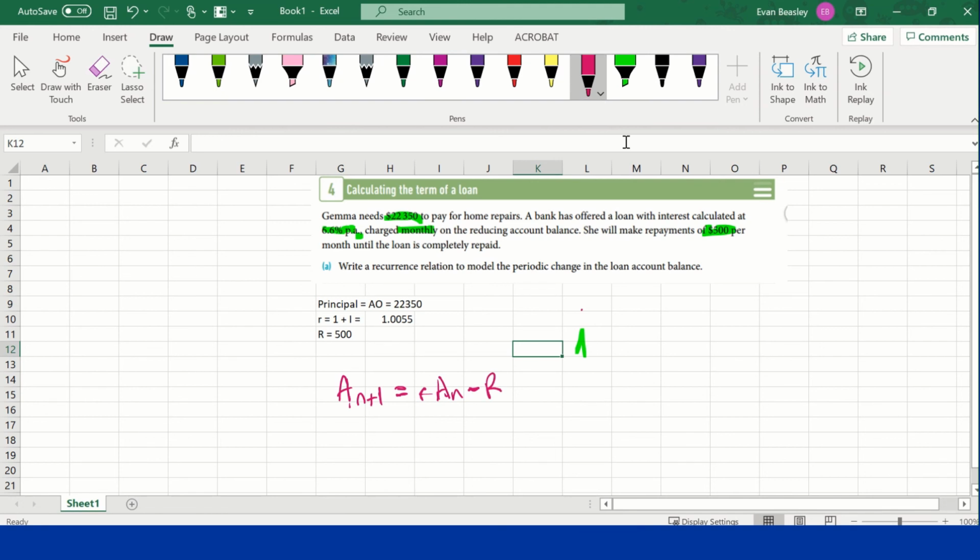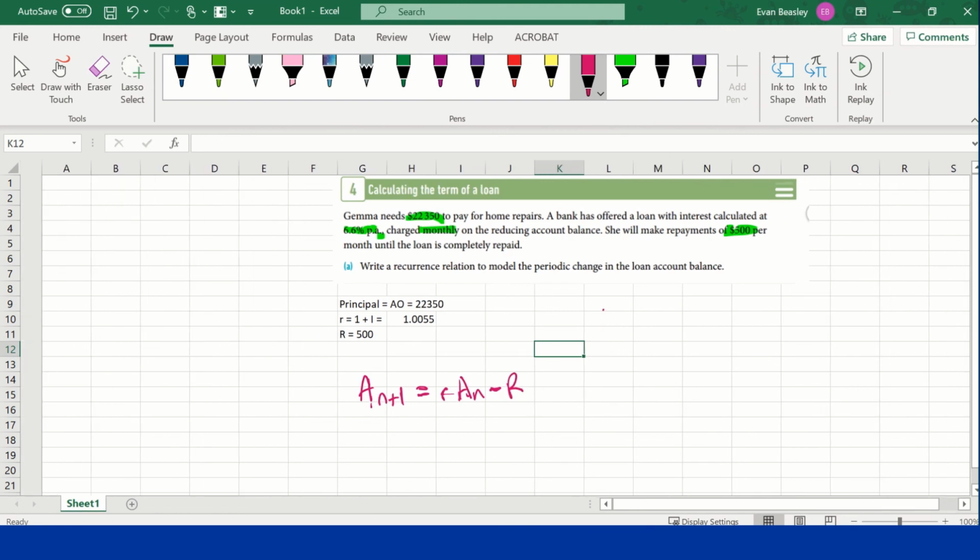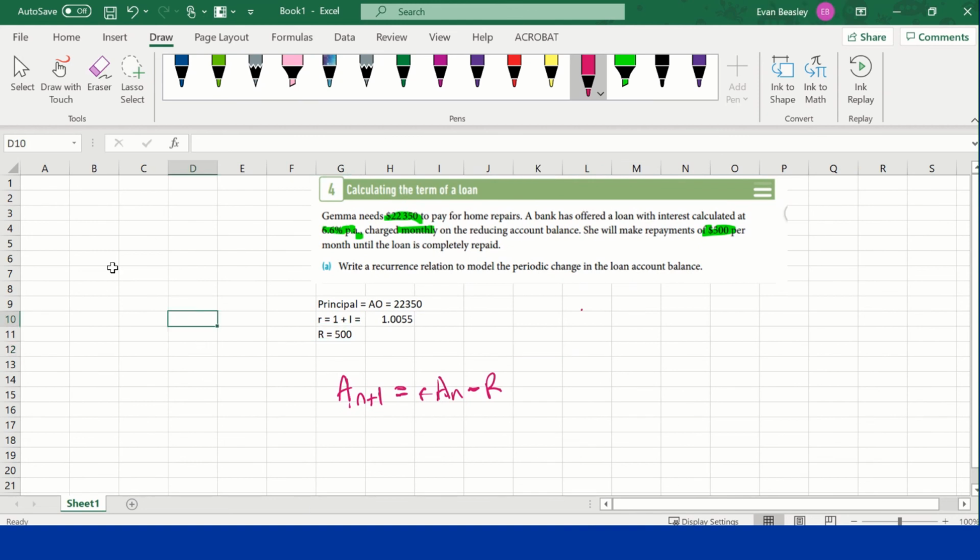That's pretty sketchy, sorry there guys, but let's set this up in a spreadsheet.